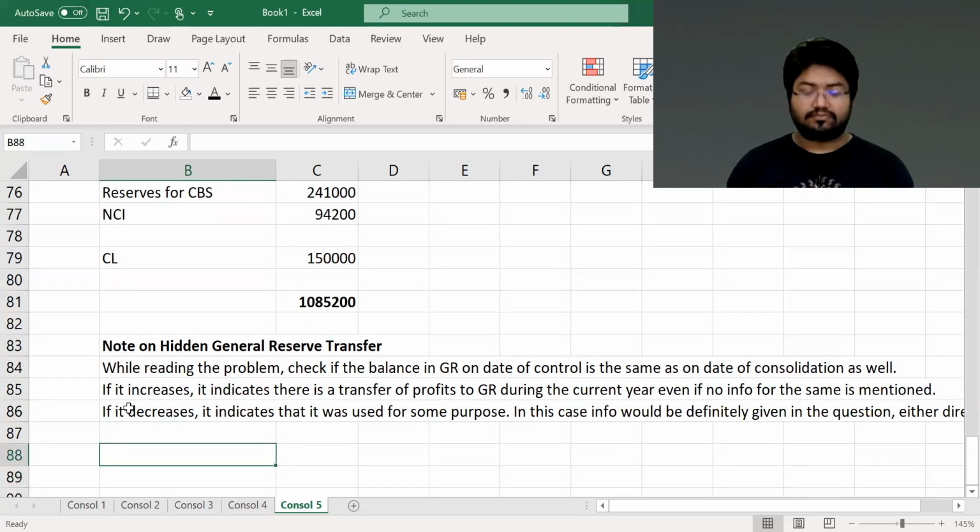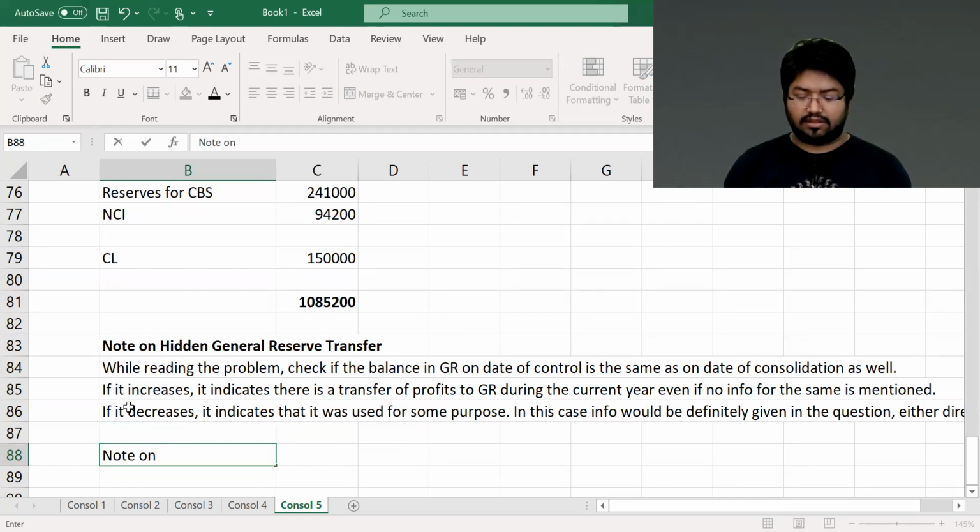Next, note on transfer to general reserve evenly throughout the year.